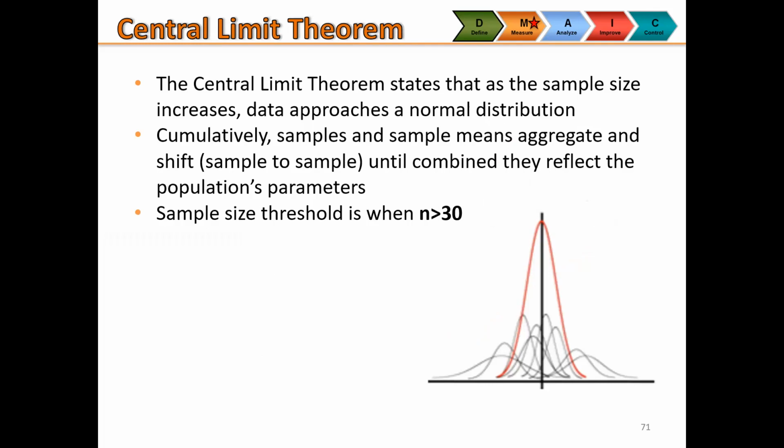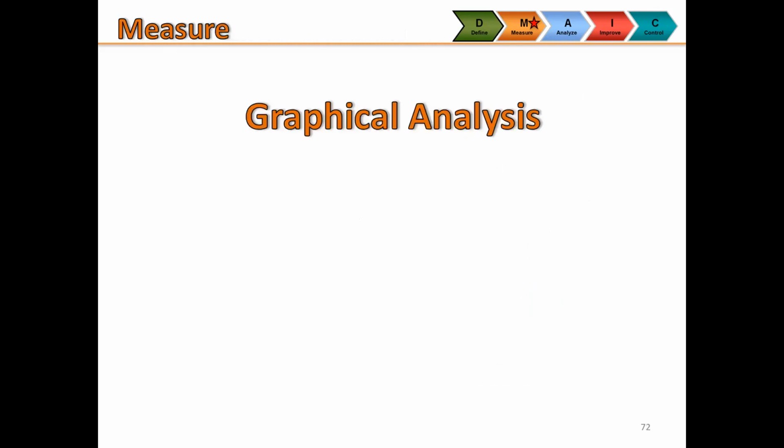All right. Samples and sample means aggregate and shift until combined, they reflect the population's parameters. So we usually want to see a sample size threshold greater than 30. In the case of our test results, it was 800. And in the case of my weight, the same.